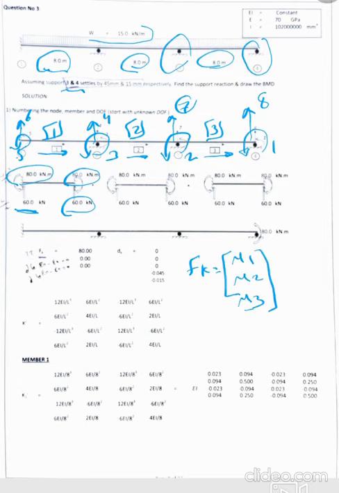Because we have a rule: actually this is a fixed support, so we have a moment here at node 1, but actually it's an unknown force.